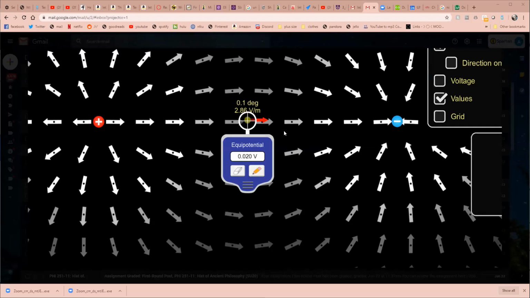And then for the magnitude, I was wondering if we would use the formula V equals the electric field times the distance. If they've already given us V, which is 2.86, we would just need to solve for E, because we know the distance is 250 centimeters. Yeah, that's correct. So potential, it says equipotential, right?